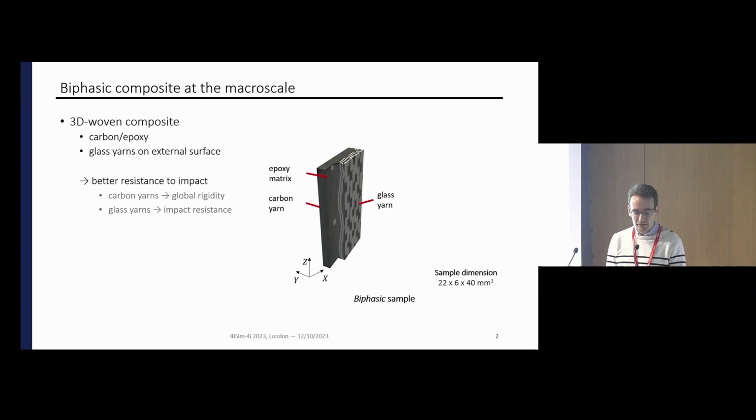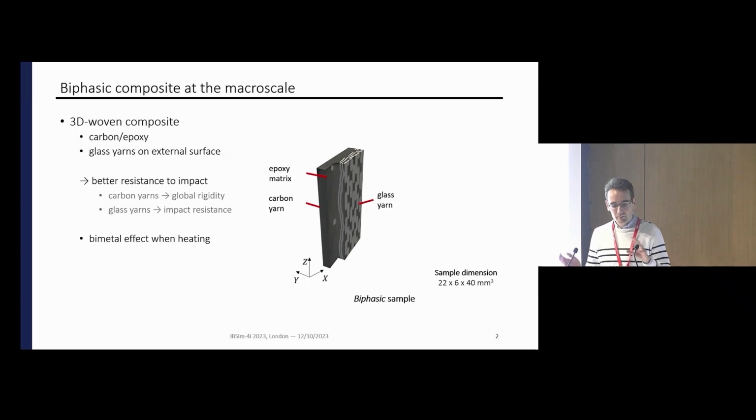Typically, these kinds of materials are wanted for structural parts in airplanes because they can combine the good global rigidity of carbon epoxy composite, but they are more resistant to impact due to the glass fibers on the surface.